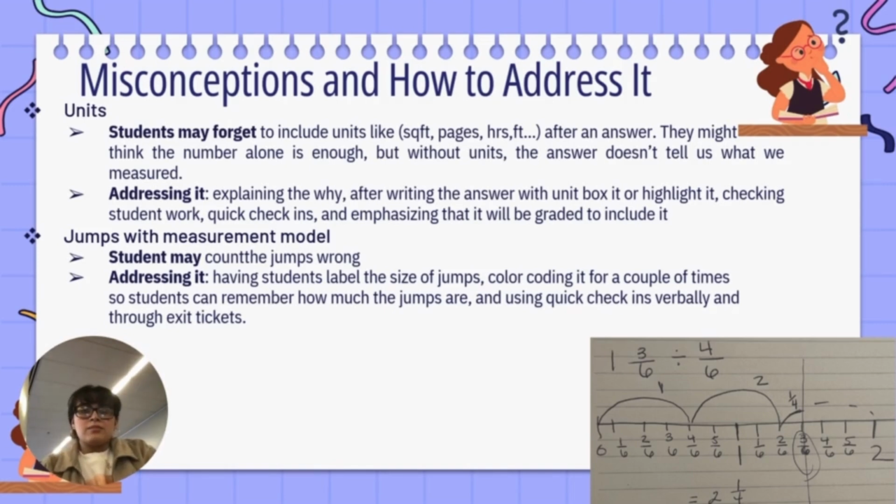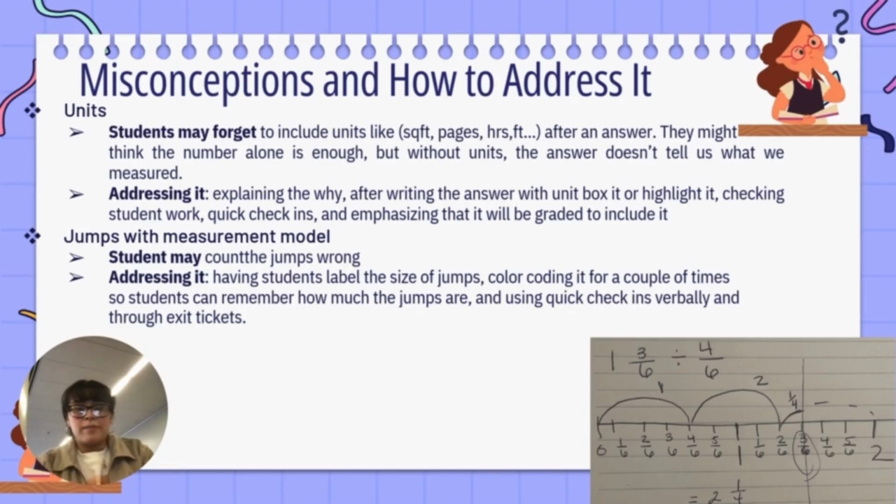Like, let's say I have 4 apples, and then I say I have 4 feet of rope. Even though they have the same number, they don't equal the same thing. One is measuring the amount of apples I have, and the other is measuring the length of rope I have.